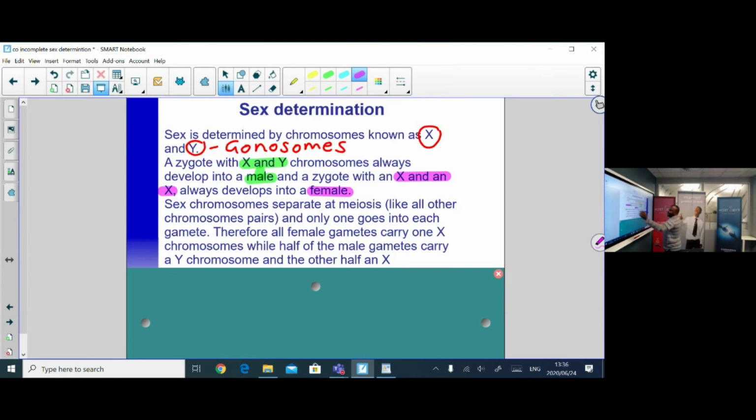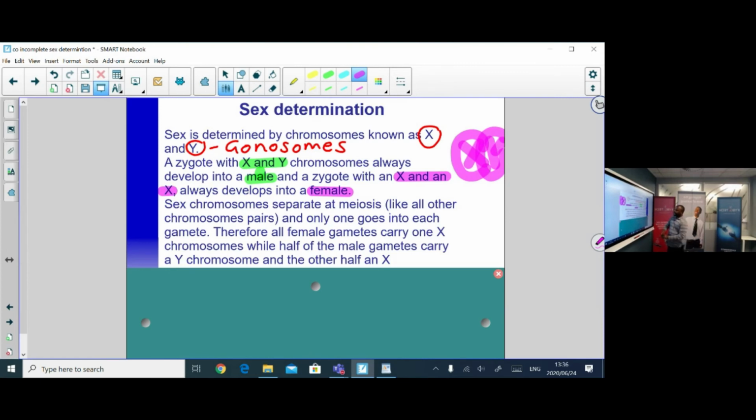So during meiosis, in anaphase 1 and anaphase 2, they separate, and each goes into a gamete.